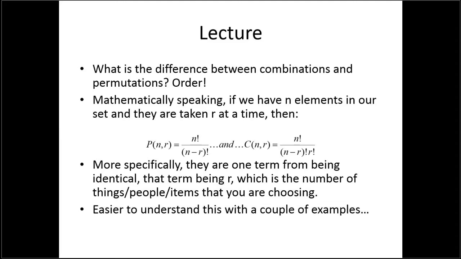So they're one term from being identical, and that term itself is the number of things that you're choosing. Let's do a couple of examples. I know it's really difficult to understand in the abstract, which is why yours truly is an applied mathematician and not a theoretical mathematician.